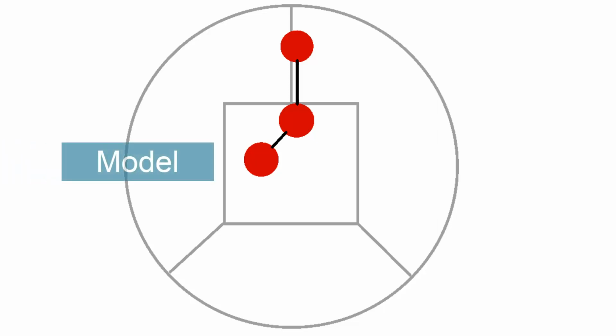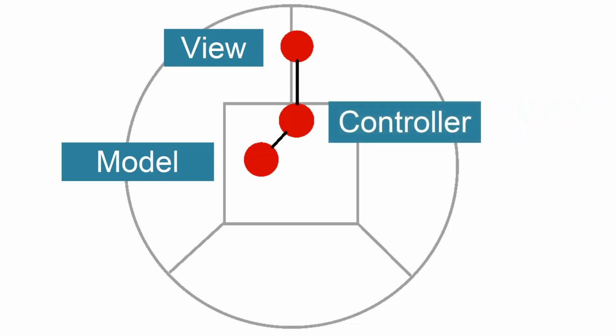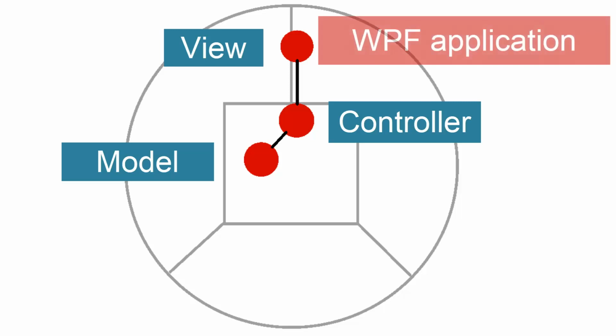These areas are known as the model, which is the business class itself, the view, which is the code that actually displays and provides a path for input and output to the code, and the controller, which is a sort of intermediary class that goes between the business logic and the view to either decide what's going to be displayed or possibly do some manipulation to that data so it's displayed in a particular way, or a particular aspect of the data is being displayed. Now, of course, the view part, in our case, is simply the WPF application itself.